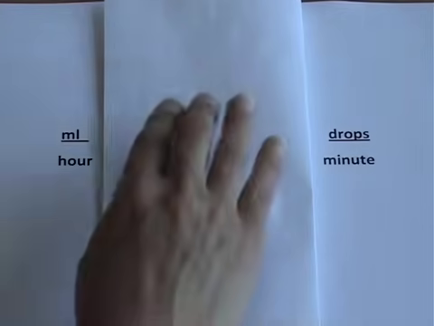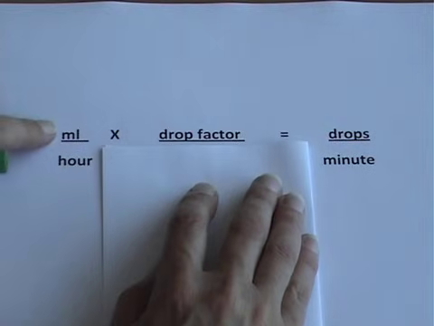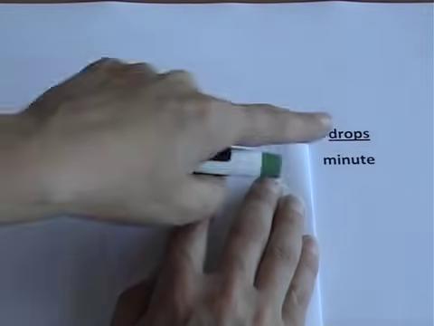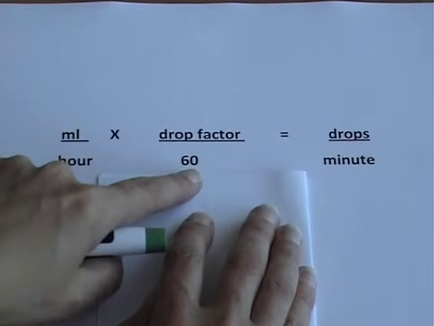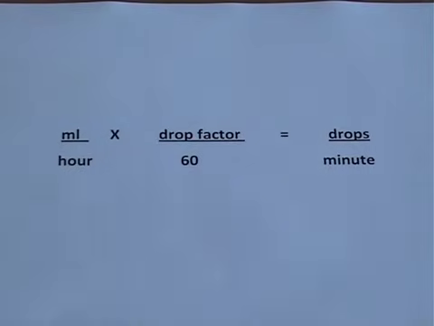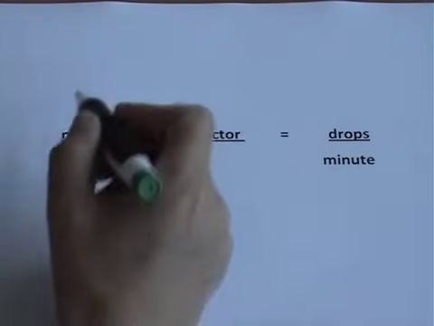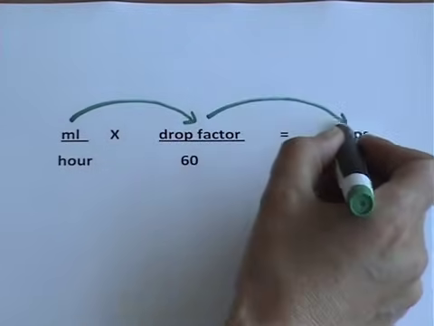And in fact, if we multiply the mils by the drop factor, this will turn the mils into drops. And if we multiply the hours by 60, this will turn the hours into minutes. So one way of doing this would be to multiply the mils by the drop factor, and this will give us the drops.